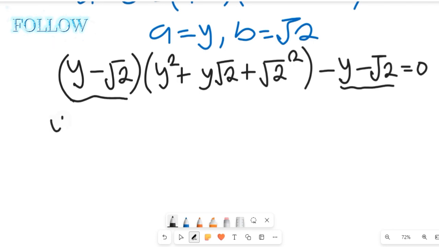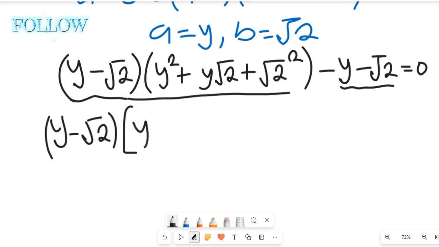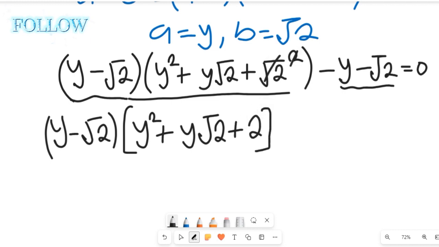So if we take y minus root 2 as a common factor, this whole thing divided by this will give us y square plus y multiplied by root 2, plus this will clear this to give us 2, right?